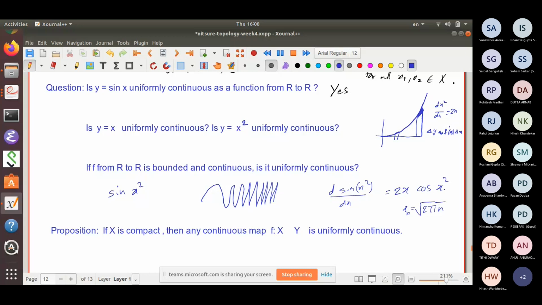Then what is cos of x square? Cos of 0 is 1, no? Yeah. So this is equal to 2 times root 2 pi n, which is very large.